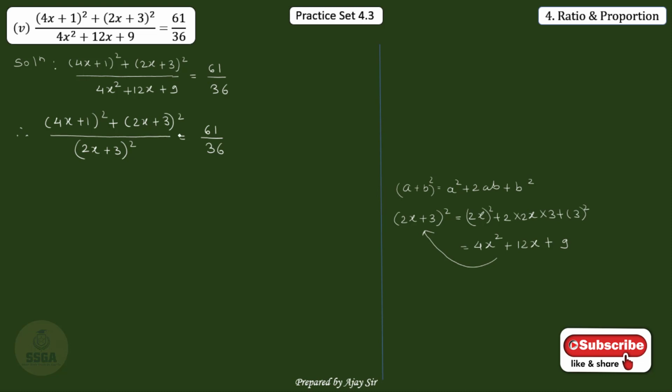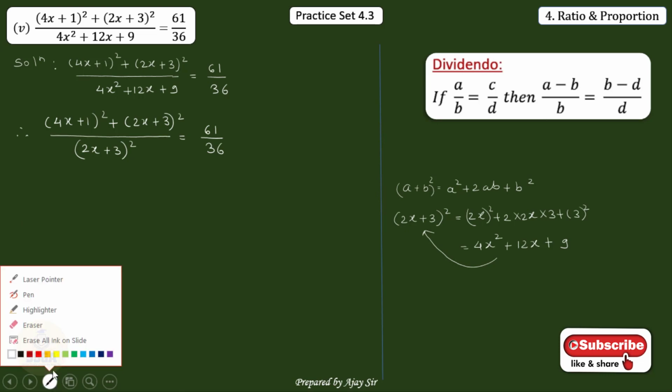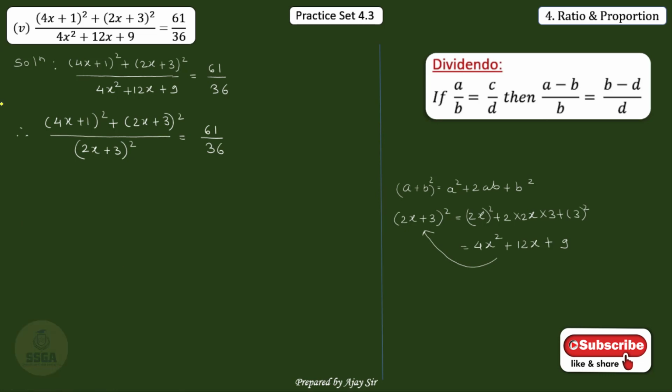So this is a property of dividendo. Let us use this property, and we can subtract that term from the numerator.